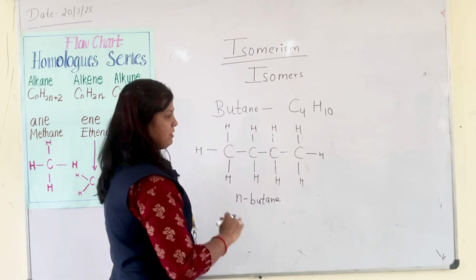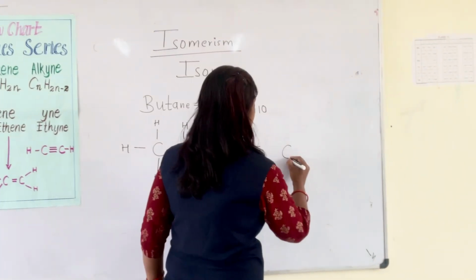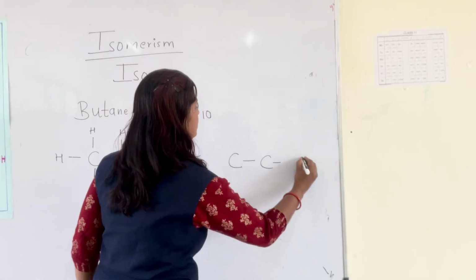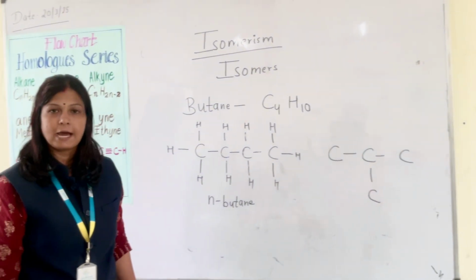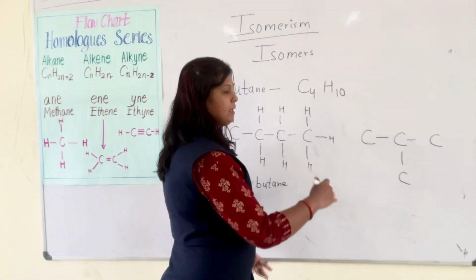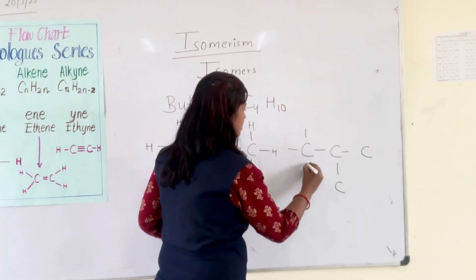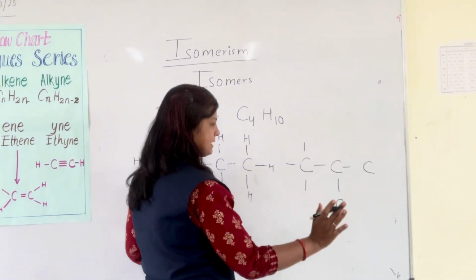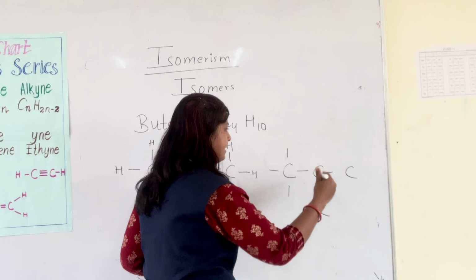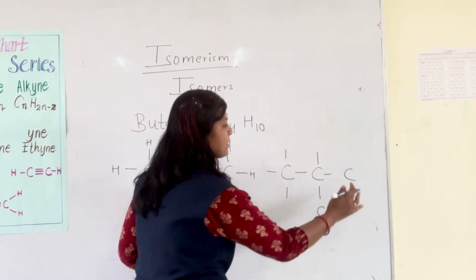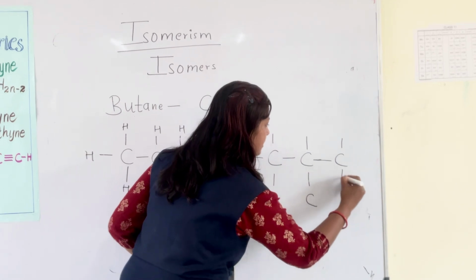N-butane. Now, I will draw the other structure of butane. See here, 1, 2, 3. Another carbon I will take down. 4 carbons. After 4 carbons, you satisfy with hydrogen bonds. 1, 2, 3, 4, for this carbon satisfied. For this carbon, 3 bonds are already there. Put one more bond. For this carbon, 1 bond is there. You put 3 more.